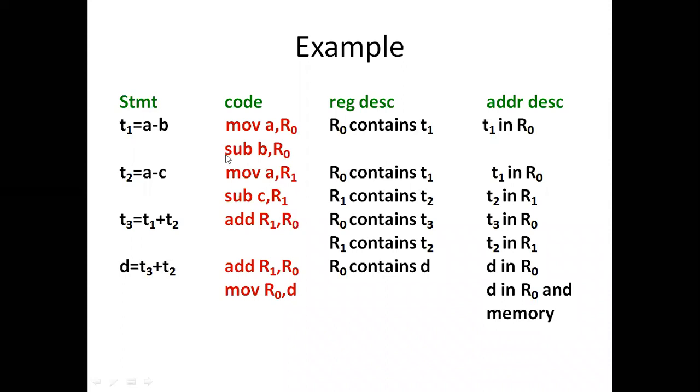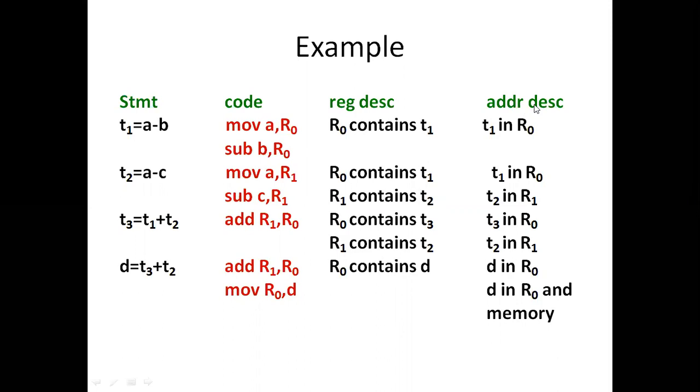This is an example: this is the translation statement, this is the target code sequence, and this is the register descriptor. Here we are defining the register descriptors, and this one is about the operand descriptor.